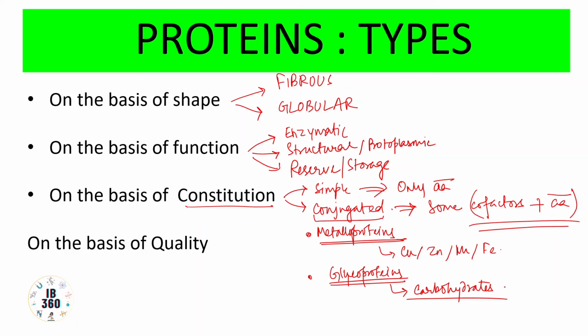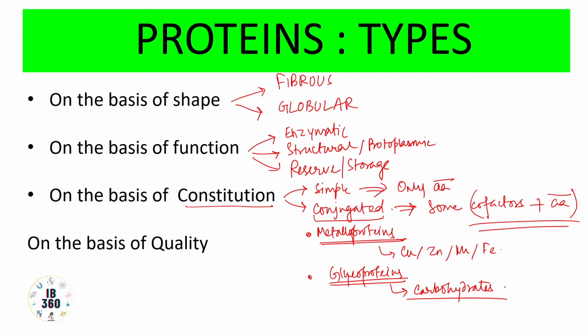Derived proteins are got from proteins through denaturation, coagulation, or breakdown. Like in fibrin, we know fibrinogen. Fibrin is the meshwork which we find in blood coagulation. From inactivated fibrinogen, we get fibrin. So coagulation of fibrinogen results in fibrin.